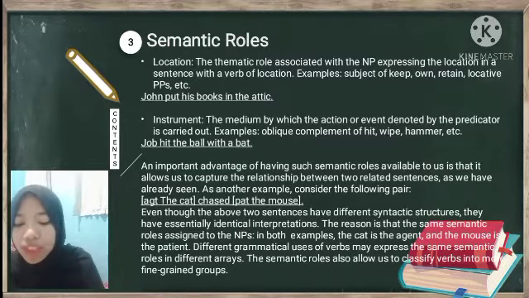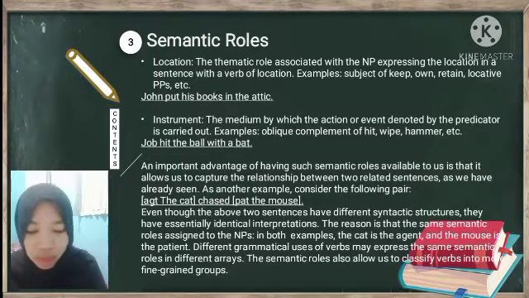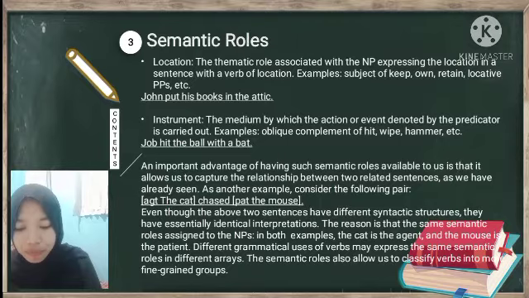And then an important advantage of having such semantic roles available to us is that it allows us to capture the relationship between two related sentences, as we have already seen. As another example, consider the following pair: the cat kissed the mouse, and the mouse was kissed by the cat.